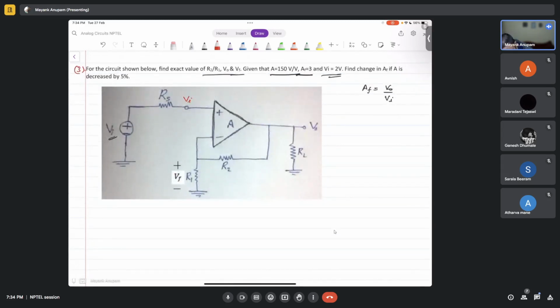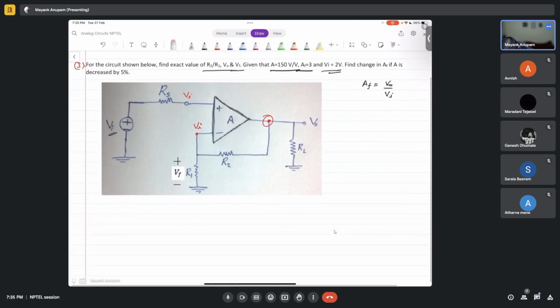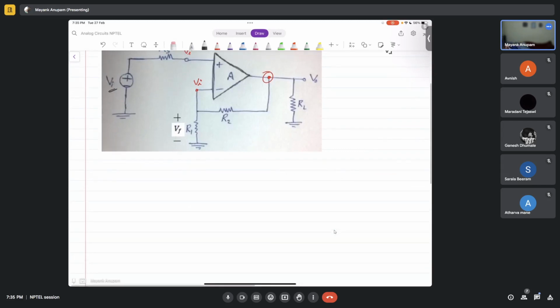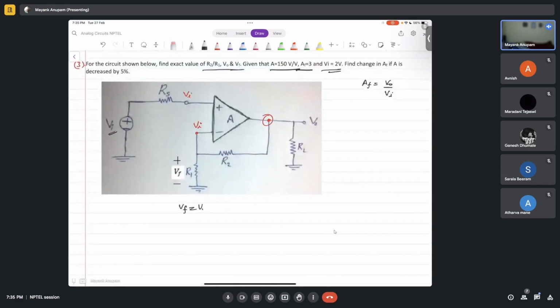Now, if it is Vi, and you can see that there is a negative feedback here, right? So it should also be Vi. What will be the V out here? This is Vf, by the way. So Vf has to be equal to Vi.